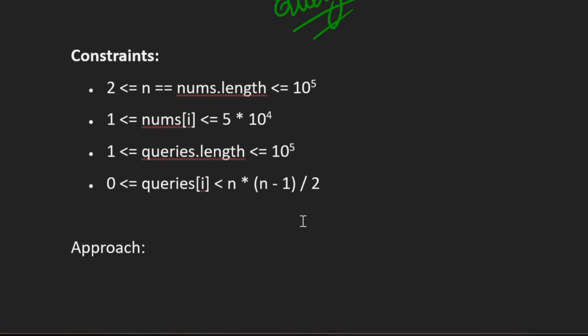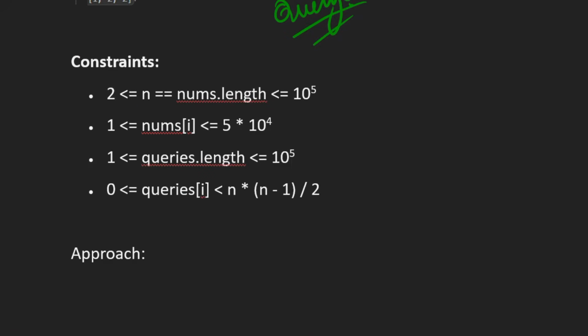Now if you see the constraints, n, the length of the nums array, can be up to 10^5, and each value in the nums array can be up to 5 times 10^4.